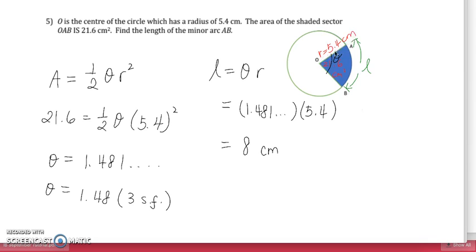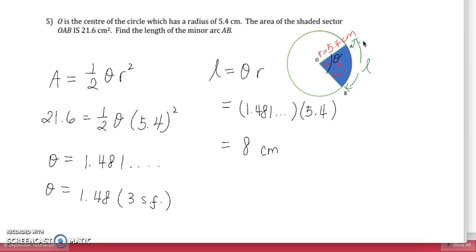So the radius, the angle subtended by the arc, and also the area in the sector, that's optional. And also we need to know that the minor arc, because we only have A and B marked on the circumference, minor arc will be the shorter side. The longer arc that is connecting A and B is called a major arc.